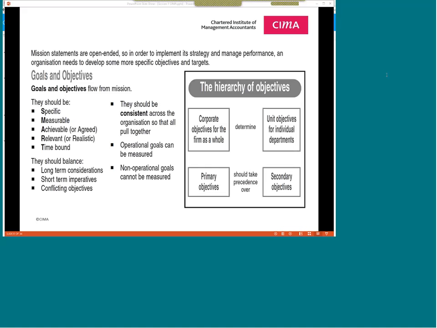And then it is up to the managers creating the strategy to make a decision on which are more important. There will be a conflict of interest many times between secondary objectives. You cannot achieve everything that the organization would like to achieve, so there needs to be a trade-off between secondary objectives when creating the strategy.